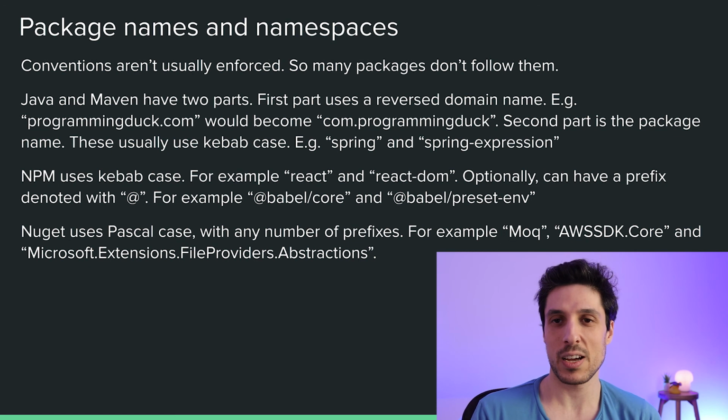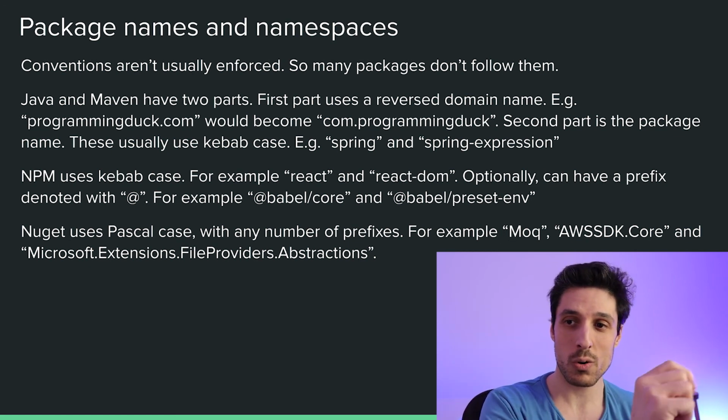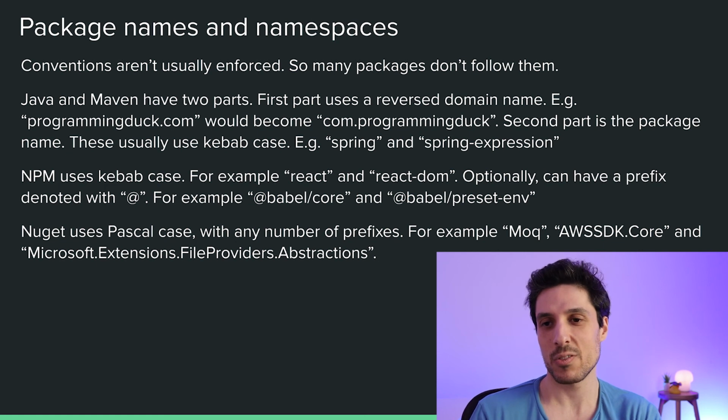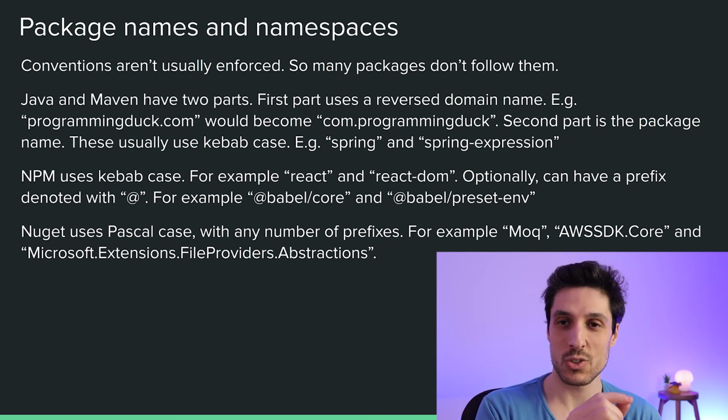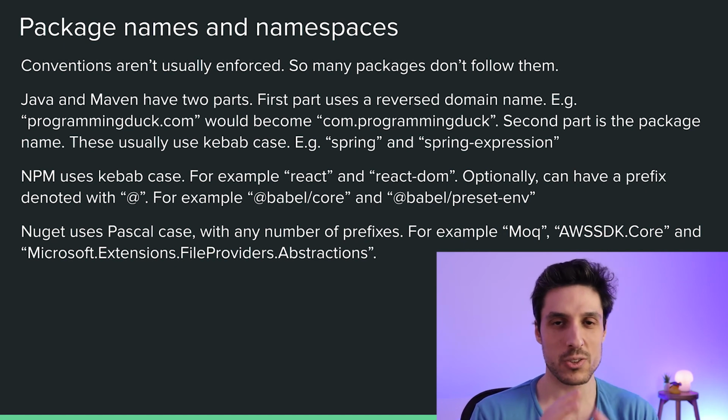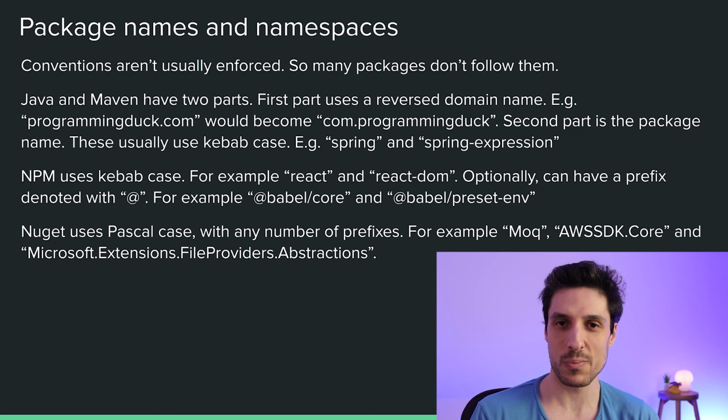You'll also find some that have just one namespace, like AWSSDK.Core and so on. And then you also have others that have many, many namespaces, like for example Microsoft.Extensions.FileProviders.Abstractions, okay? So basically Pascal case with as many namespaces as you feel like you want.